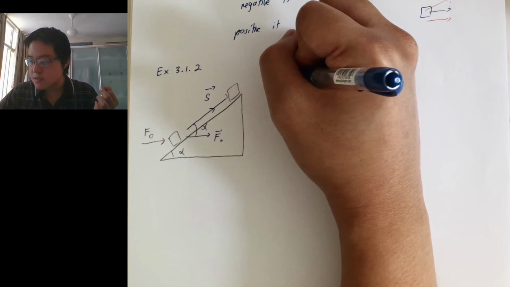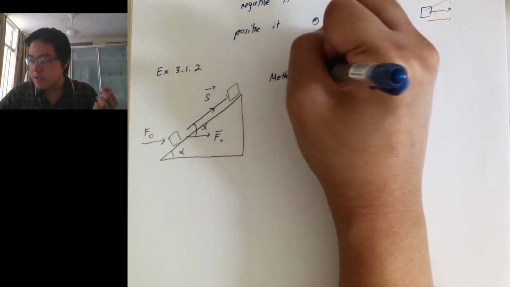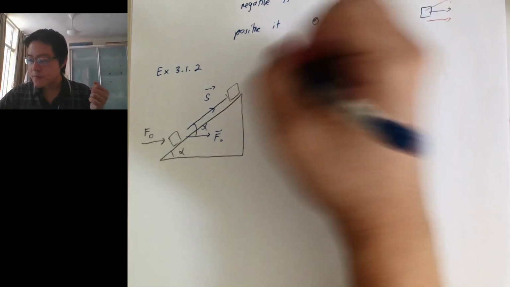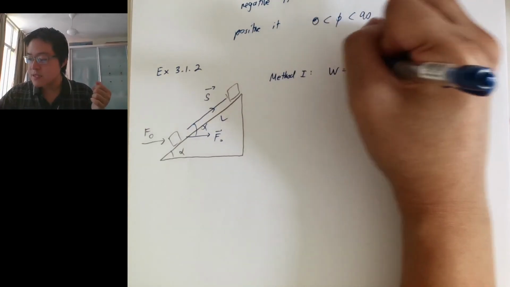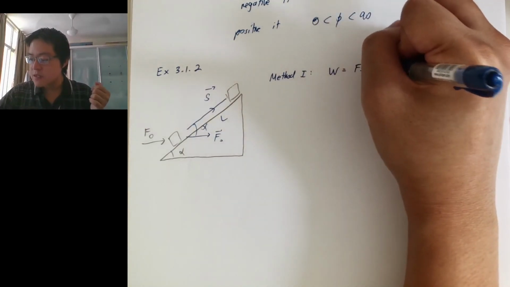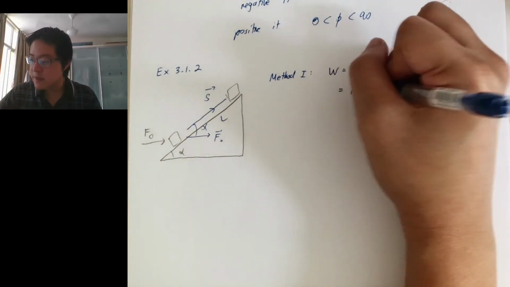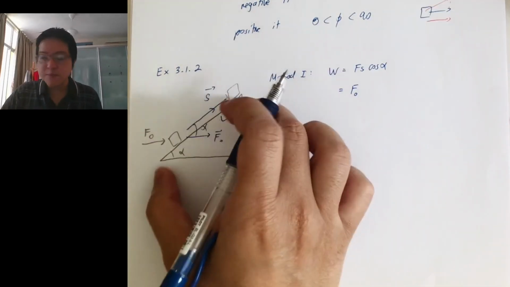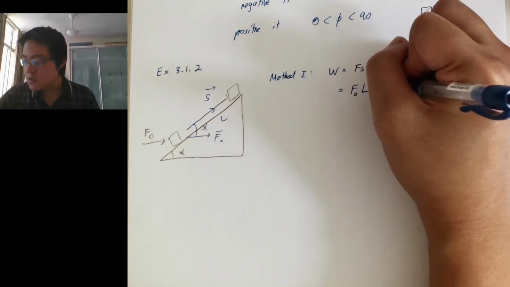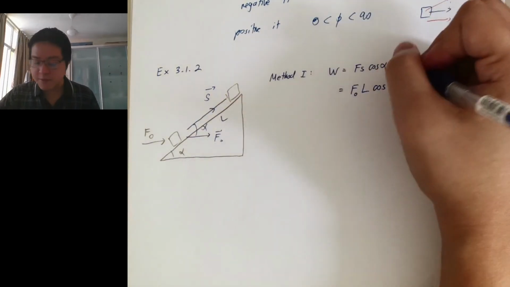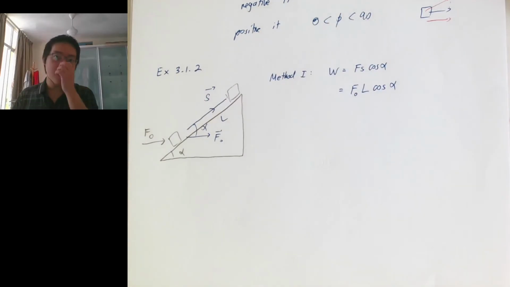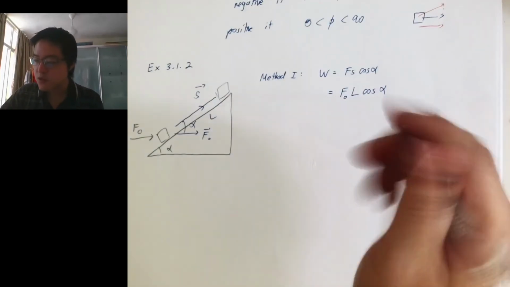Let's look at the first method. The work done is Fs times cos of the angle between them. The force magnitude is F naught, and the displacement from here to here is L. The angle between them is alpha. So the answer is F naught L cos alpha. This is the first method, probably the method that you learned in high school. No problem.